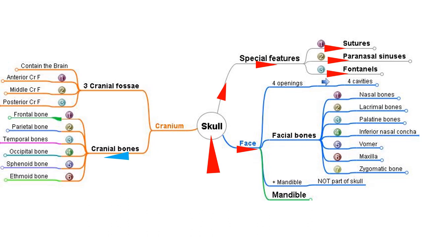The face has 4 openings that will lead to 4 cavities. The 4 openings are the 2 orbits containing the eyes, the cavity of the nose, and the cavity of the mouth. And the facial bones are the nasal bones, lacrimal bones, palatine bones, inferior nasal concha.